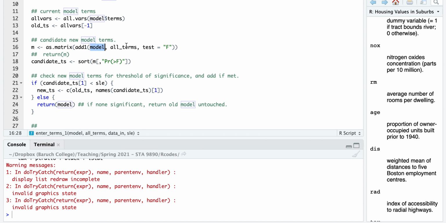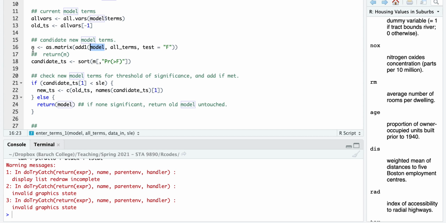Then it looks at the list of predictors given here, and anything that's here, but it's not used already in the model, will be one by one added to this model, and then the p-value and the residual sum of scores and everything will be placed into M. So M is something like a matrix where each row corresponds to one of the predictors in all terms that's not used in model.